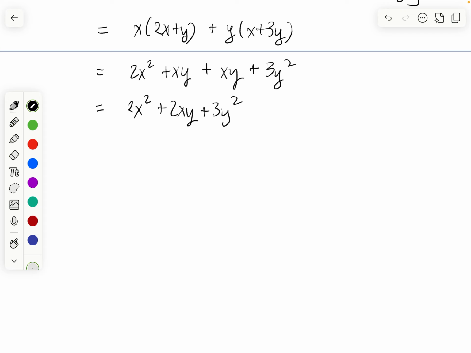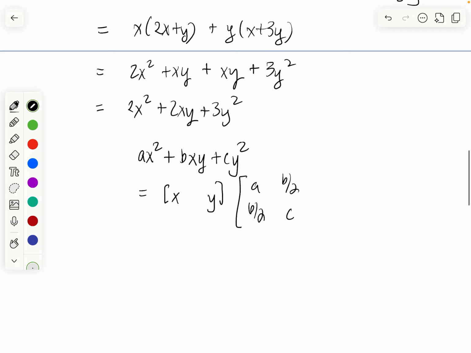And actually, you can get any quadratic form of this form. So if you had ax squared plus bxy plus cy squared, you can get this by doing xy times the matrix A, B over 2, B over 2, C, times xy.